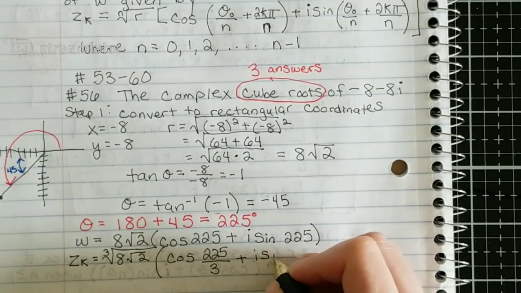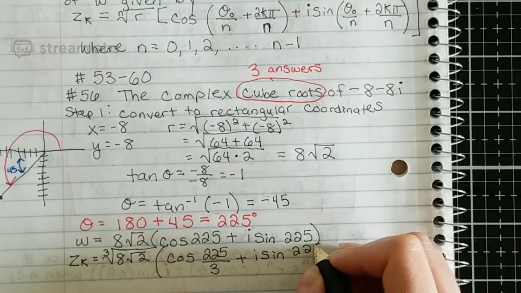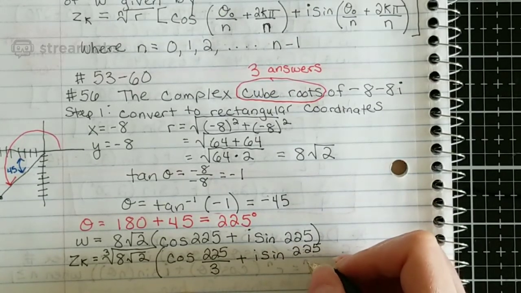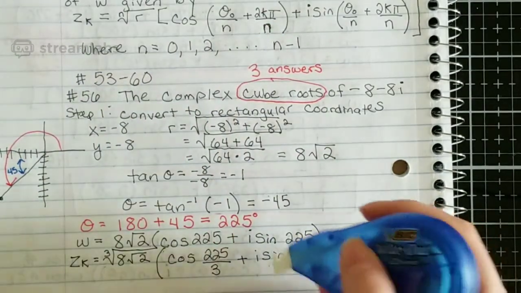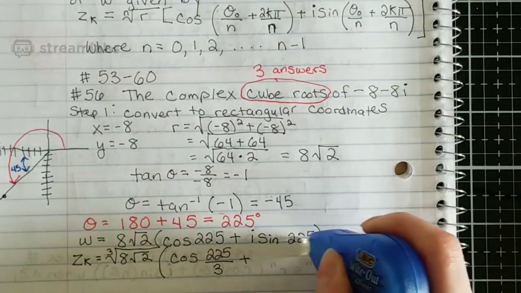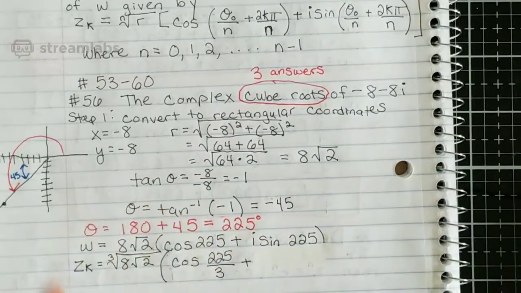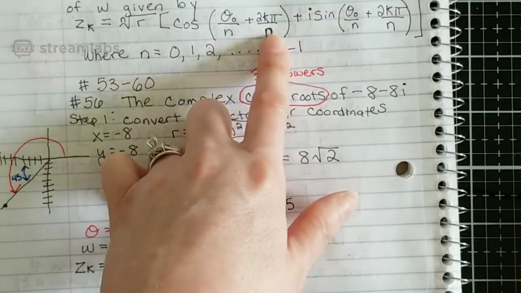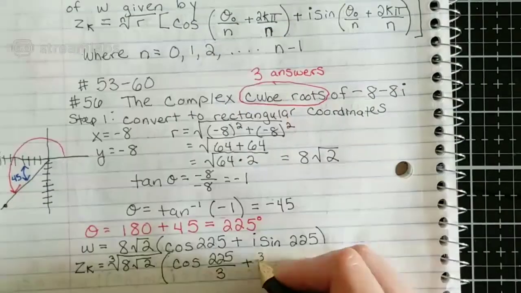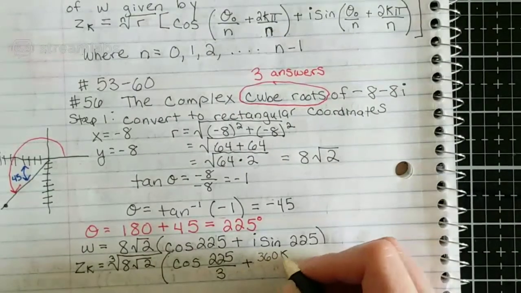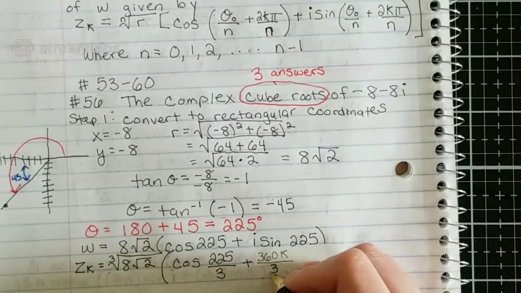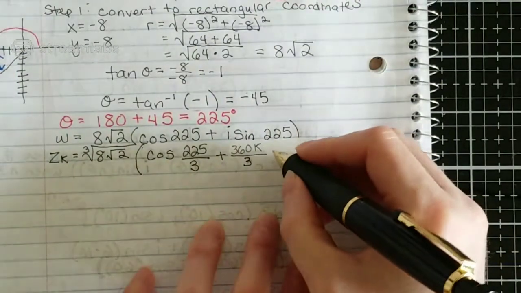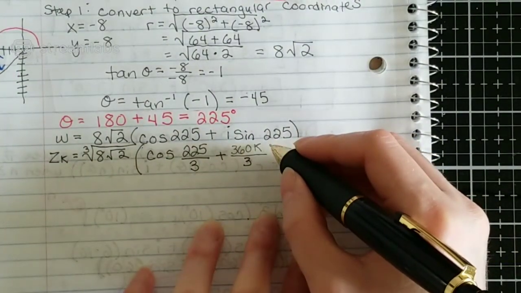Plus I sine 225. Wait a minute. I didn't follow the rest of the formula. I tried to jump the gun there. That's not gonna work. Okay. Yeah, I kind of need that 2k pi thing. All right, so this is going to be 360k divided by, and your n is 3. Okay, don't jump the gun. All right, so that's the cos part.